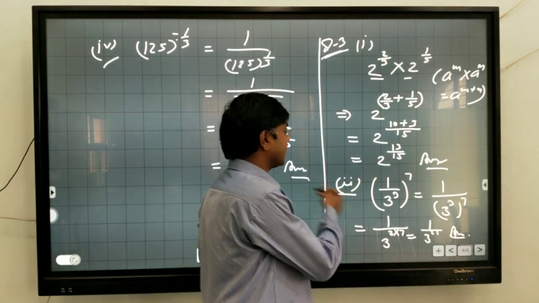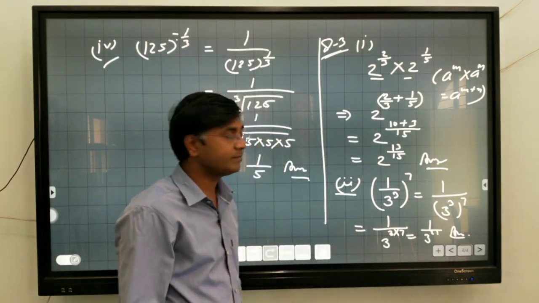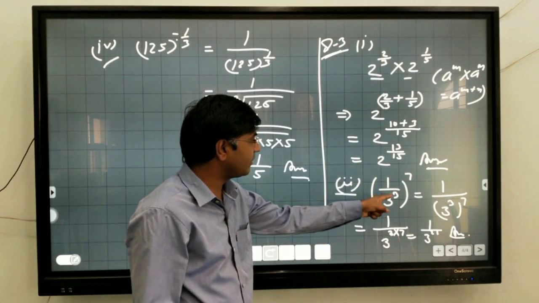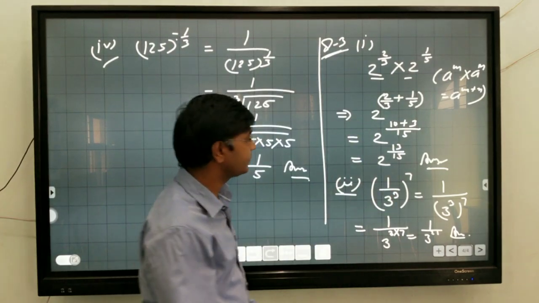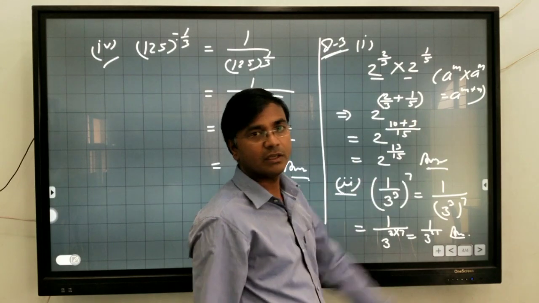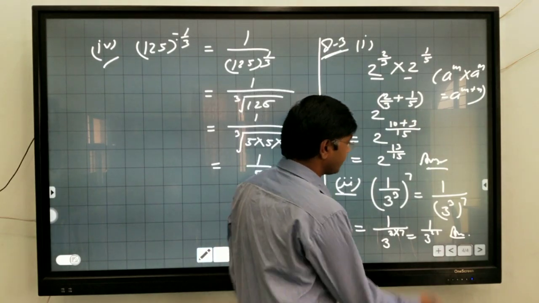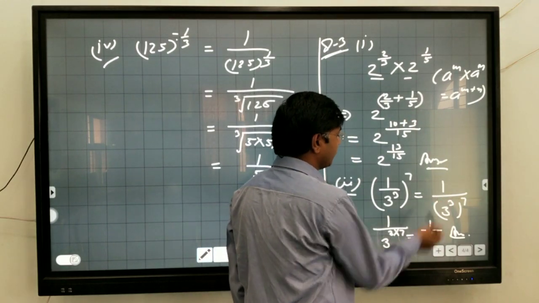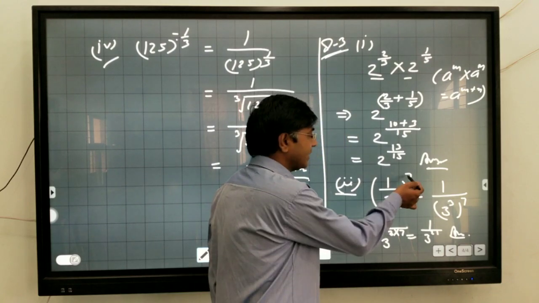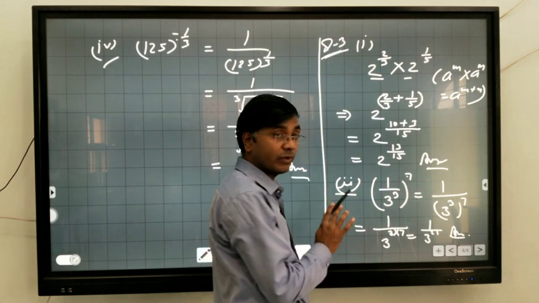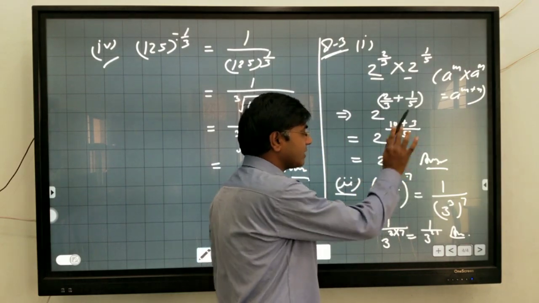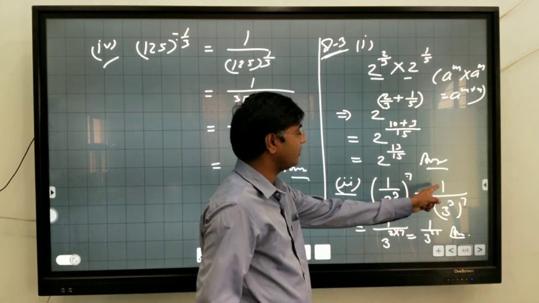Now the second part, let's solve one more. Second: 1 by 3 to the power 3, whole to the power 7. So I have taken different types of questions. This equals 1 upon, see, this 7 is the power of the whole number, right? So 1 to the power 7 is only 1, so I have written only 1.